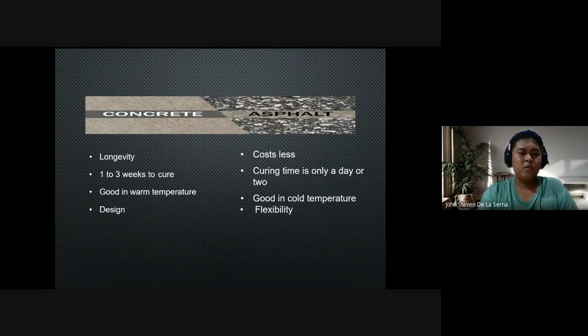Concrete takes 1 to 3 weeks to cure, while the asphalt curing time is only a day or 2 days. Next, concrete is good in warm temperature, while asphalt is good in cold temperature. Concrete provides design features of the road, while asphalt provides only flexibility of the material.